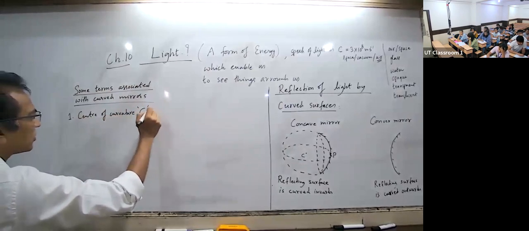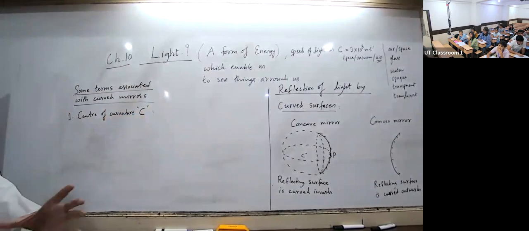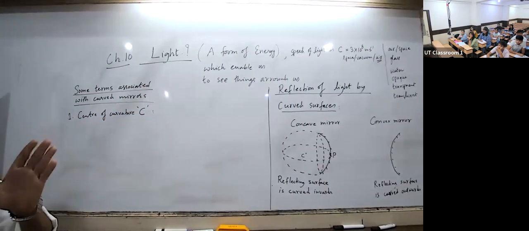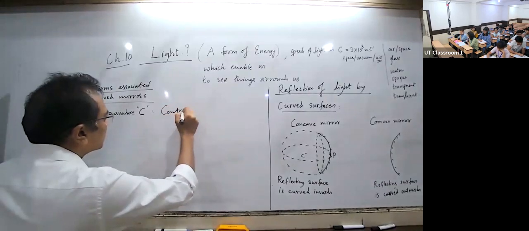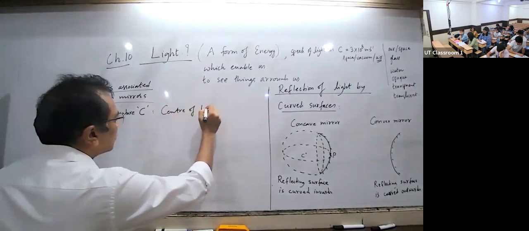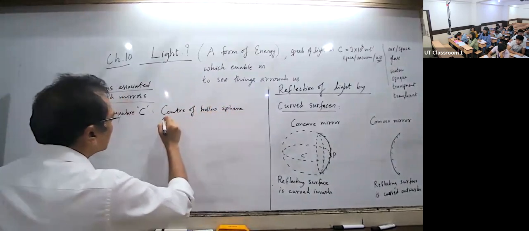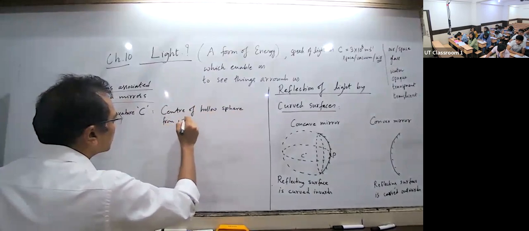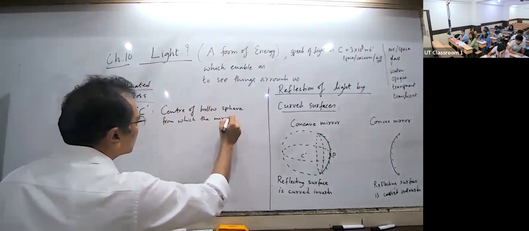Symbol is C. So what is center of curvature? Center of the sphere from which the mirror is cut. Center of the hollow sphere from which the mirror is cut.